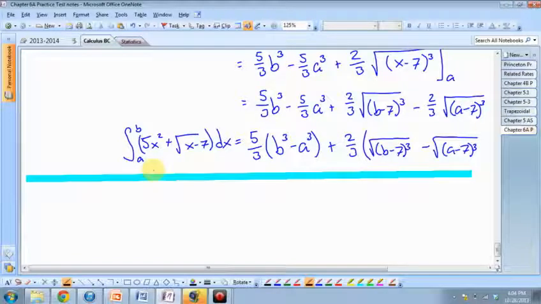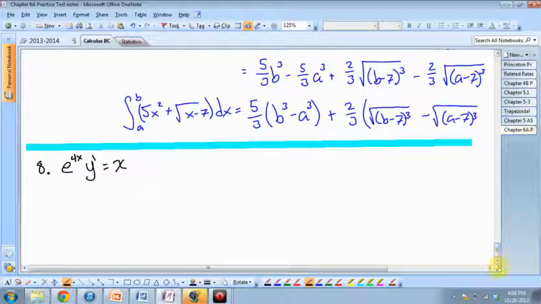Let's get to 9, or no, this is 8 now, right? Differential equations. Yay. e to the 4x y prime is equal to x. Well, that's not a lot of fun. Let's see.